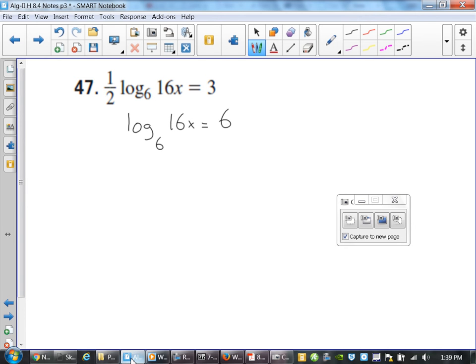So one of the ways to solve this problem is to raise everything to make these exponents. So it's 6 to the log base 6 of 16x and 6 to the 6th. So these would drop out, you get 16x equals 6 to the 6th power, divided by 16, and there's x. You use these properties to do these problems later. That's all.